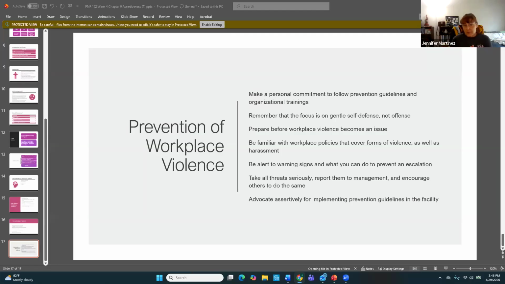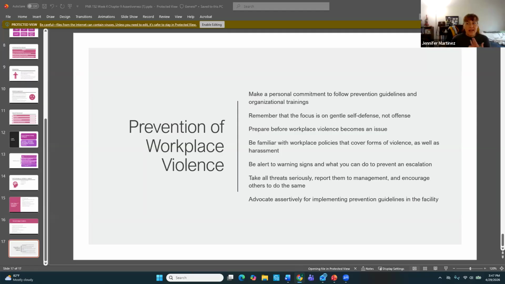But everybody plays a part in this. So, knowing what your prevention guidelines are, participating in training. OSHA will offer training. Depending on where you live, you may also have other opportunities. You may even contact your local police department. They may have some self-defense training that you can take. Otherwise, there may be some self-defense courses that you can take on your own.